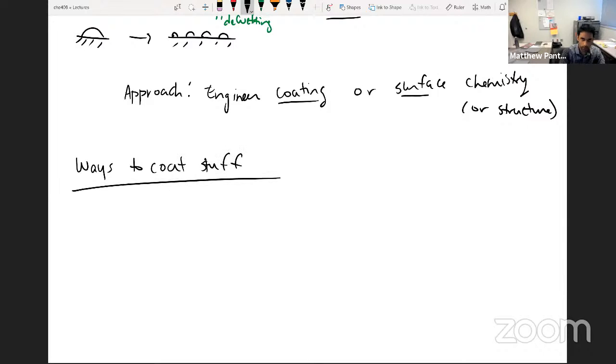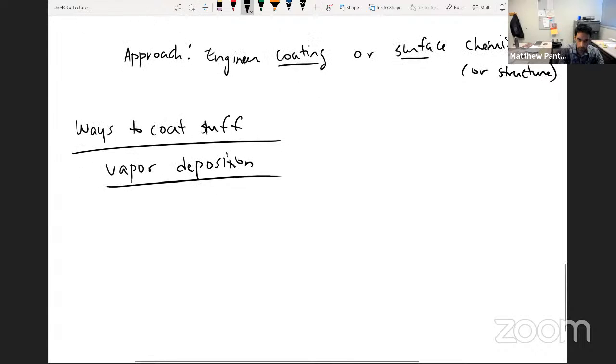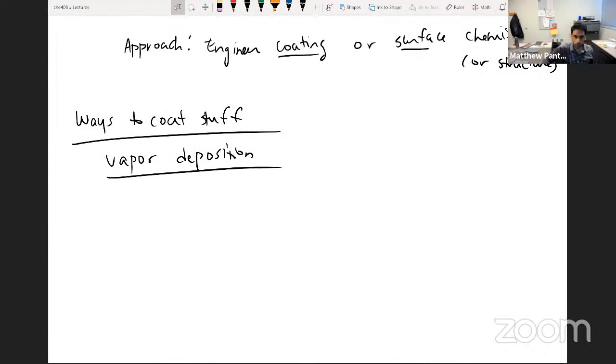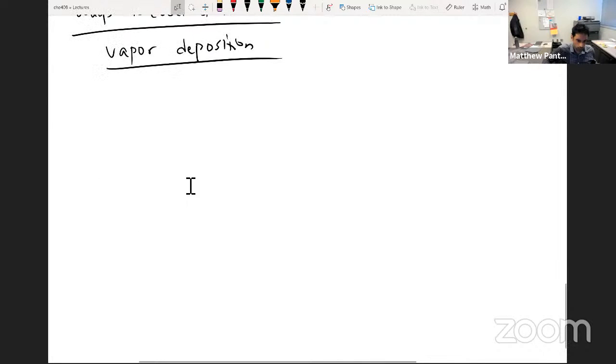So, ways to coat stuff. We can classify this into a few different categories. One we can talk about is vapor deposition. Let me give you a little picture or diagram to help illustrate this. Okay, here we go.